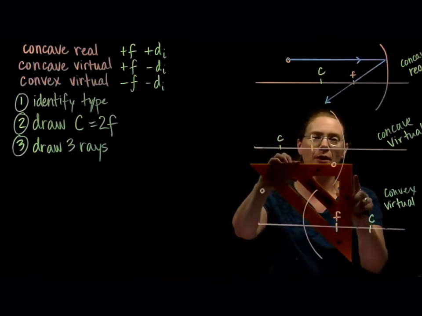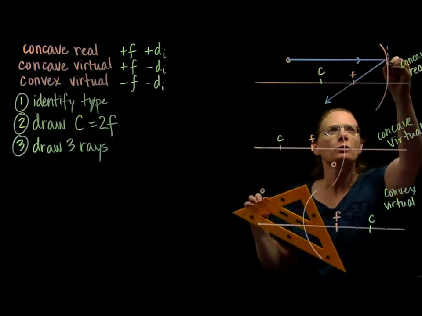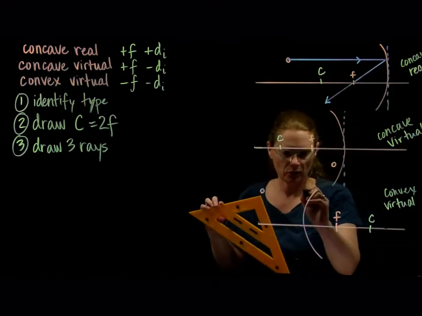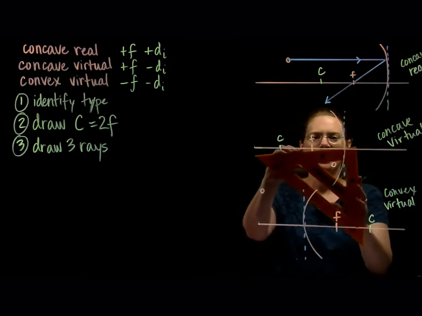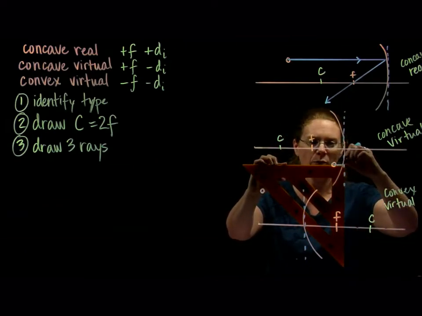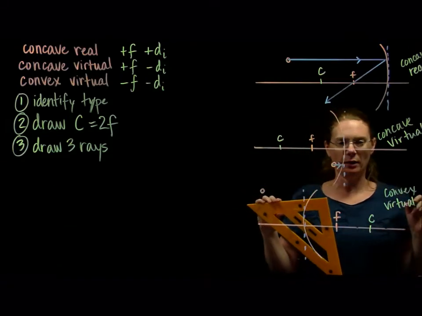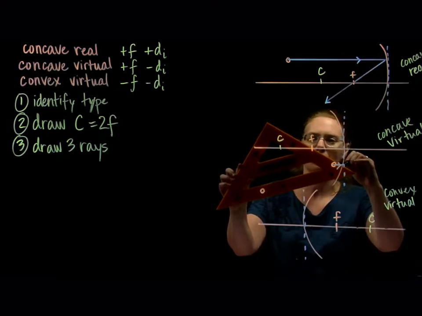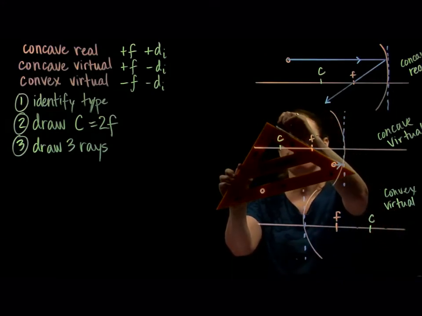When you're doing this, really what you want to do is draw a straight line at the back of the mirror. So I'm going to draw a tiny little thing out. It's going out parallel to this axis, and then it reflects off the mirror through the focal.